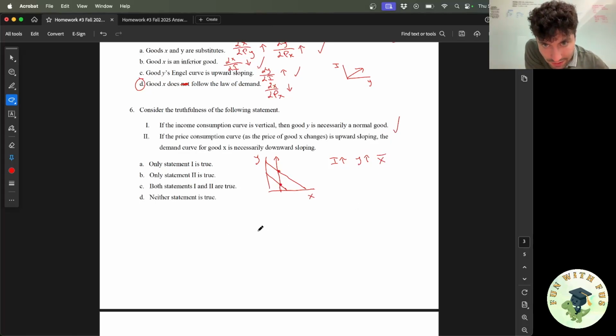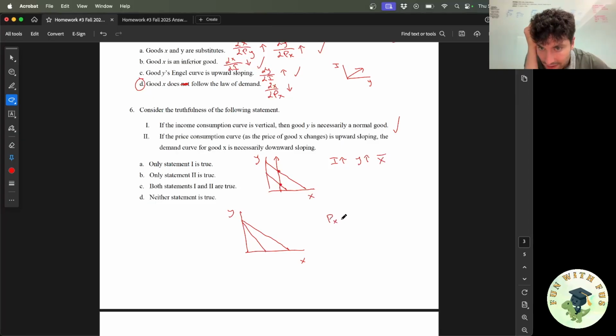And the price consumption curve, I do a similar thing with the PCC, where we got X, we got Y, and I always just draw, because they kind of give you an open-ended thing that you could do, this is my first one, this is my second one, and I imagine the price of X is always increasing.